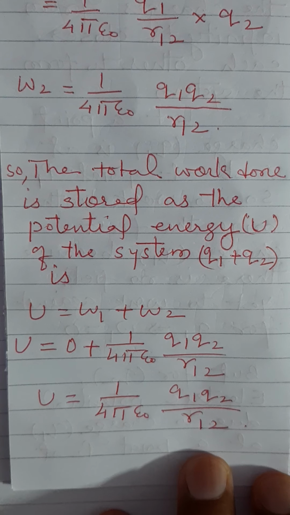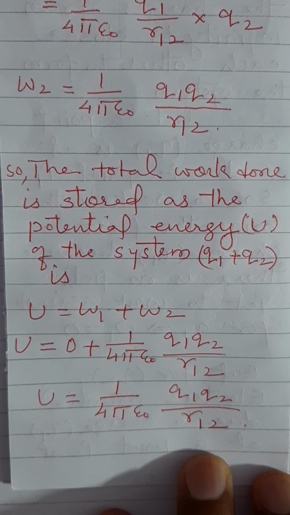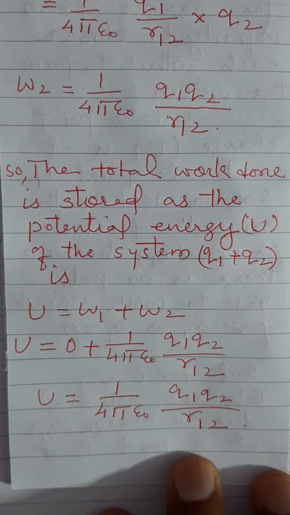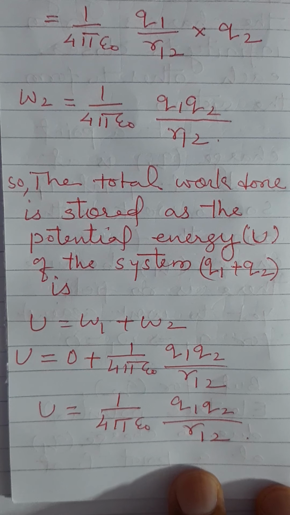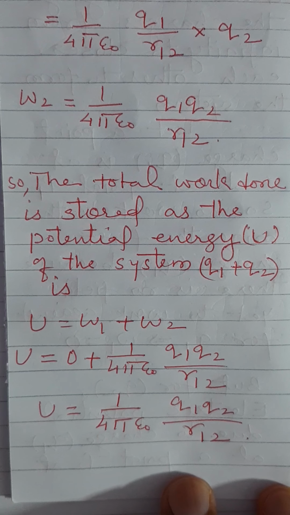So the total work done for this system, W1 plus W2, is stored as the potential energy U of the system of Q1 and Q2. Therefore, the total potential energy is given by U equals W1 plus W2.